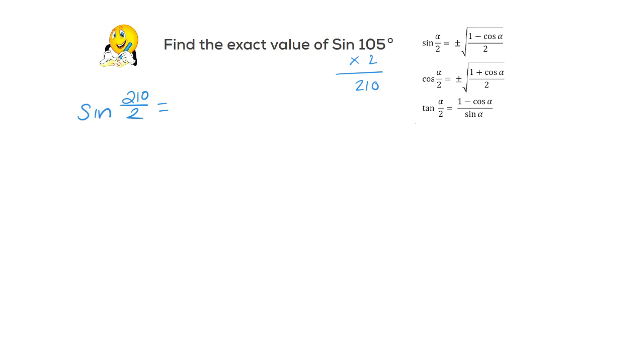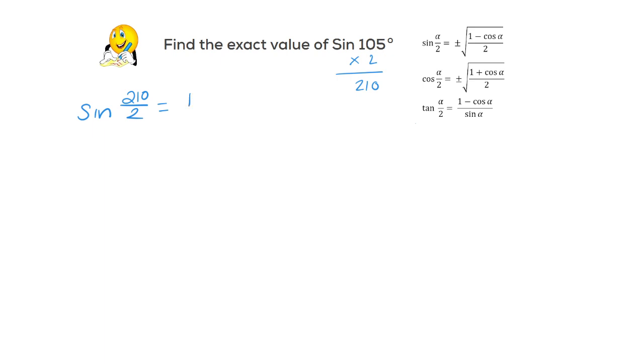However, this is the big thing that people tend to forget: when I'm finding this plus or minus thing, I am basing that off of the half angle, not off the 210, off the 105, because I'm ultimately finding the sine of 105, not of 210. So knowing where 105 lands, that's going to land in your second quadrant, so sine will be positive.